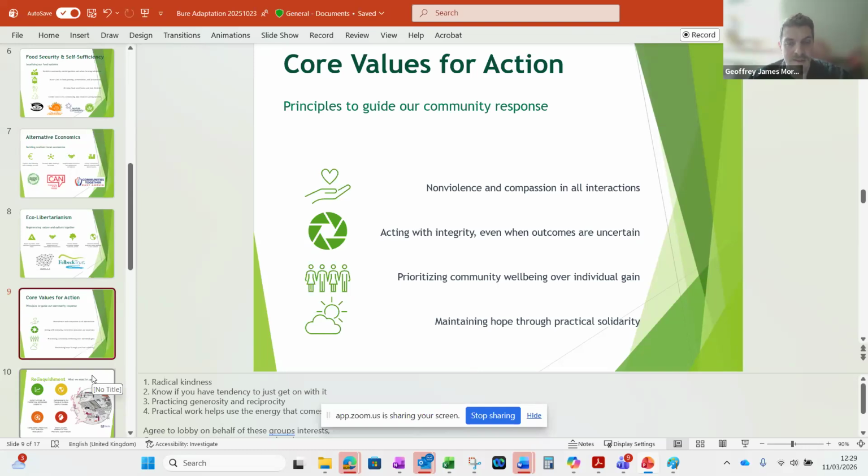And so practicing being generous and prioritizing your community well-being over your individual needs is very important. It's a way of practicing generosity and reciprocity with those around you. And like I said, practical work can help maintain your mental health and your ability to adapt to these situations. But practical work with others is the best way.